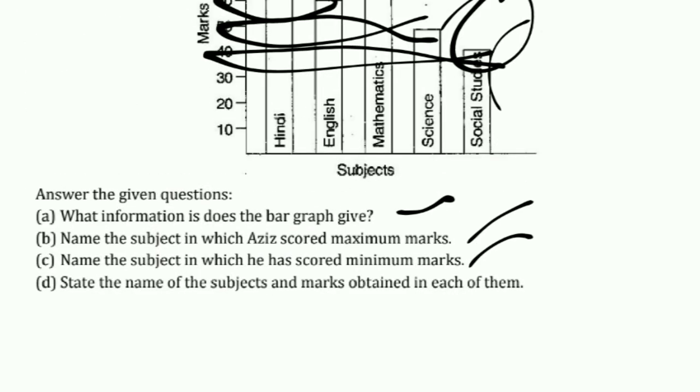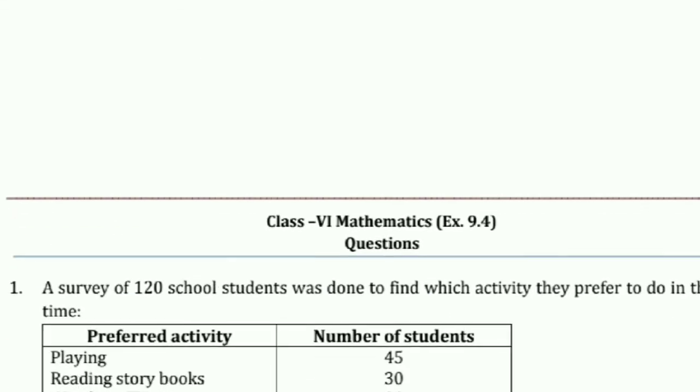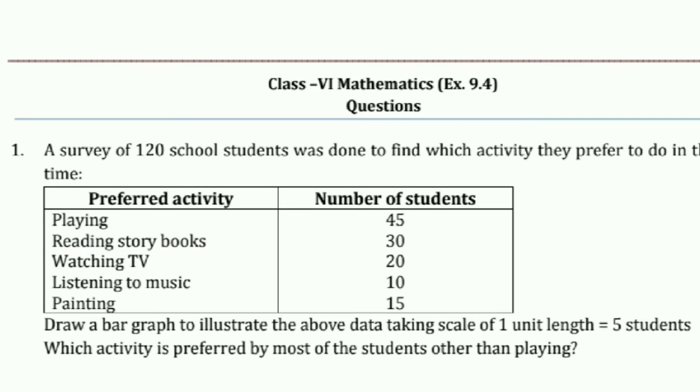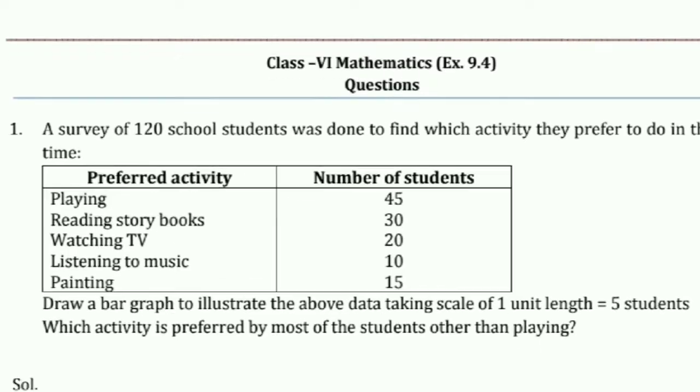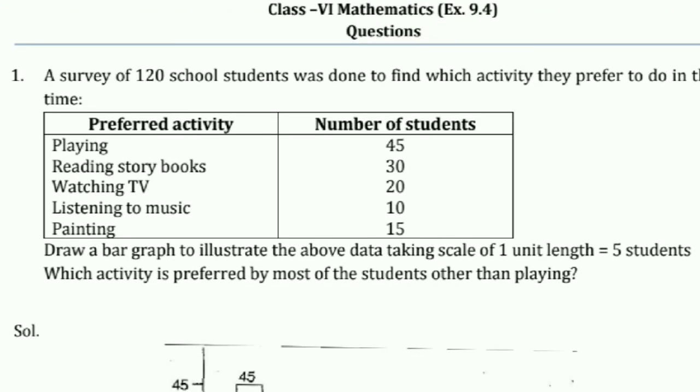Okay, next. In this one, just now we have seen the bar graph, and in exercise 9.4 we have to draw the bar graph. First one. A survey of 120 students was done to find which activity they prefer to do in their free time.